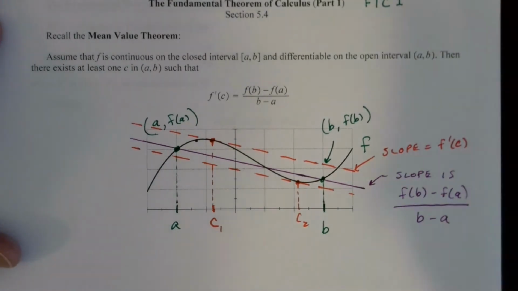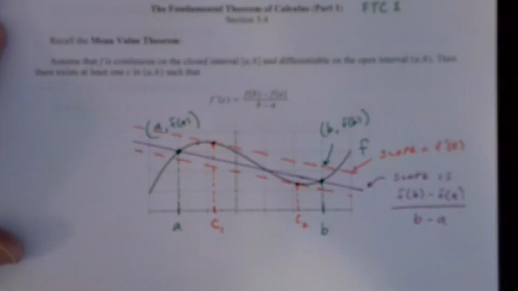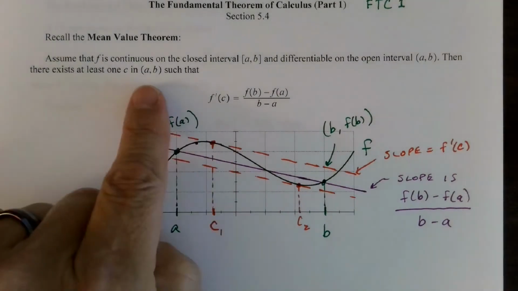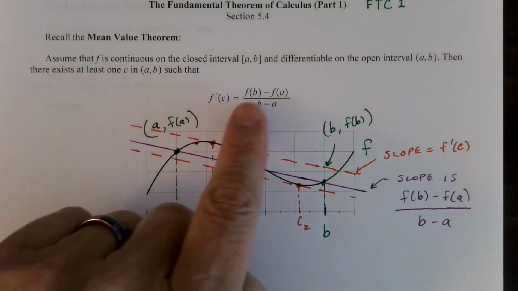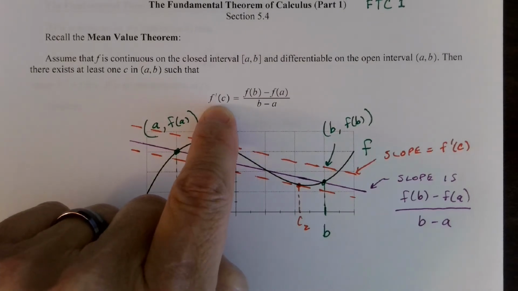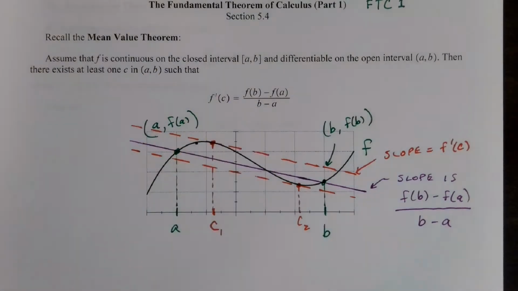It's just sort of an existence theorem. It does have some application in the sense, like I said, it's kind of neat that you can say for these type of functions, for continuous functions that are differentiable, that we're guaranteed that the instantaneous rate of change, the derivative, is equal to the average rate of change.